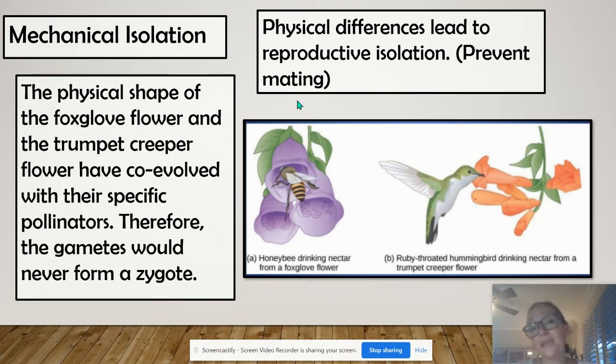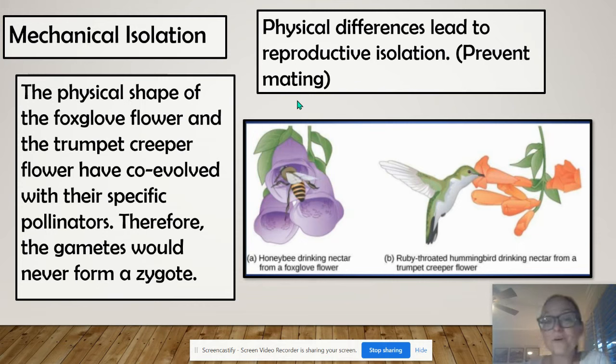They both have co-evolved with their pollinators. So the purple flower here is a very sturdy flower that allows a kind of heavier bee to land and then go in and get nectar and then pick up the pollen to then transfer to another foxglove flower. Versus in the orange trumpet flowers, the long flower is perfect for the hummingbird beak.